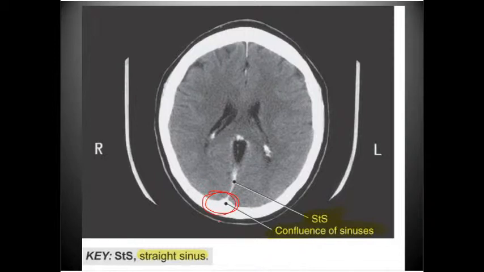This area here will be the confluence of the sinuses, and you have the straight sinus feeding into it here. But additionally, you have the calcified choroid plexus, calcified pineal gland. This is probably going to be the fourth ventricle, falx cerebri.